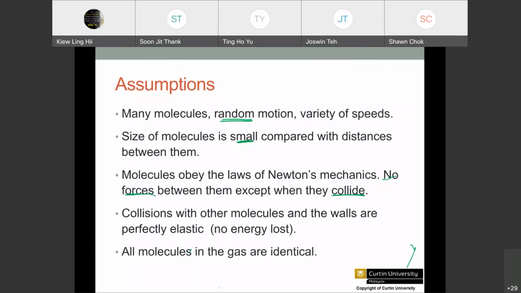And so these three are the same as ideal gas law.